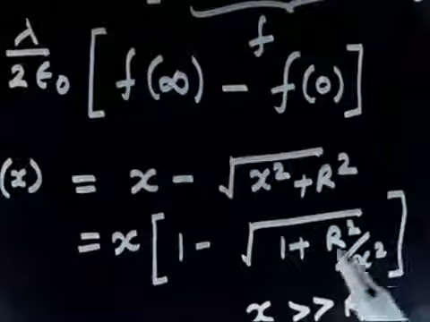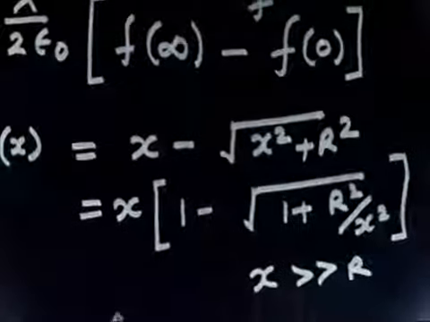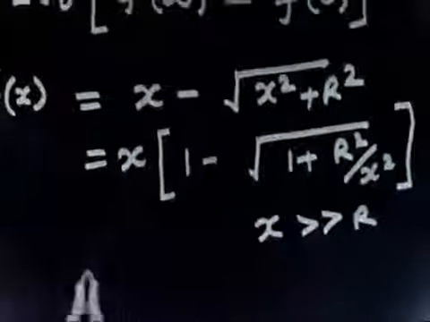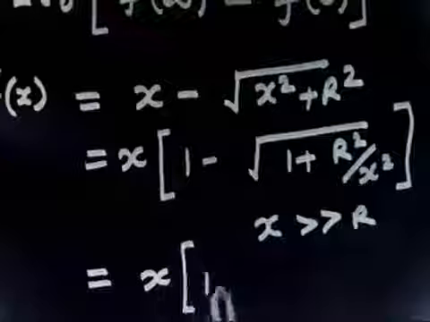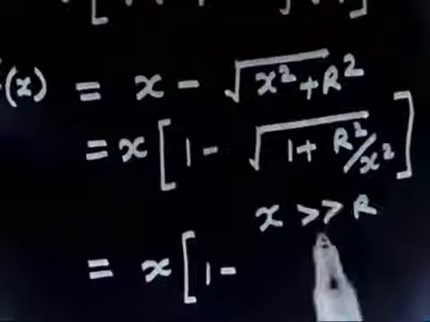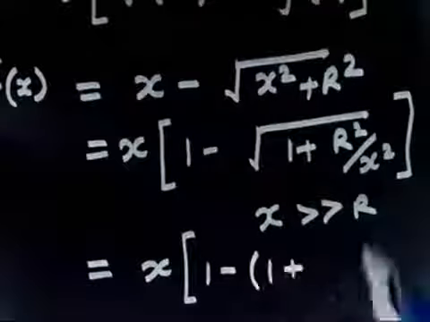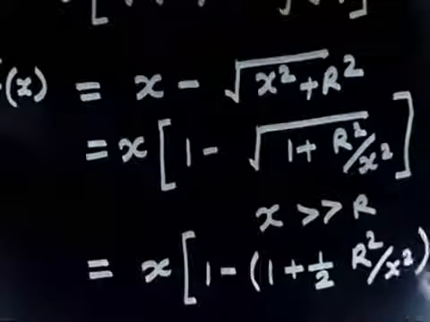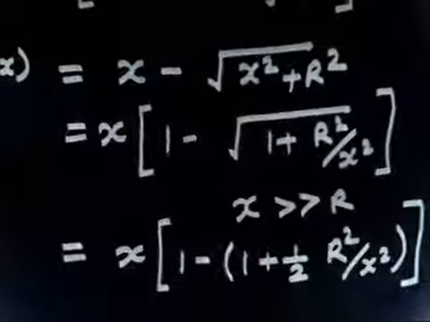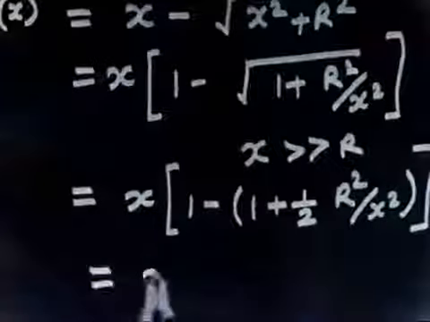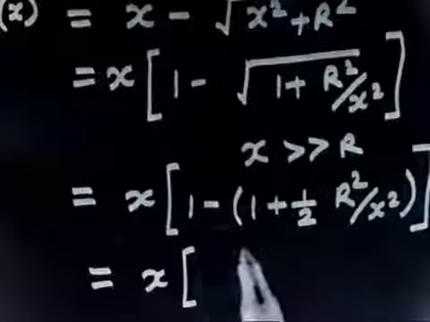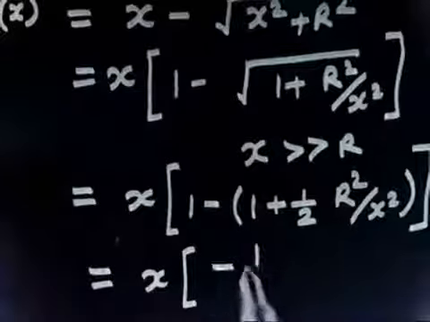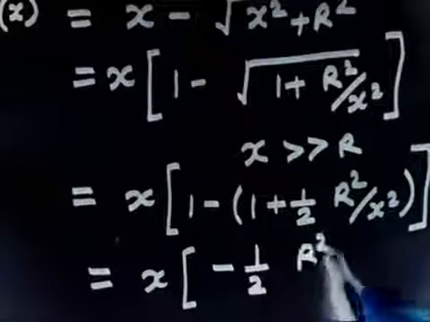This means this term is 0. So now I can expand binomially. So if I expand binomially, this becomes 1 minus 1 plus nx, where n is 1 by 2, and x is nothing but r square by x square. So now this term will be 1 minus 1, that is 0, so minus half r square by x square.